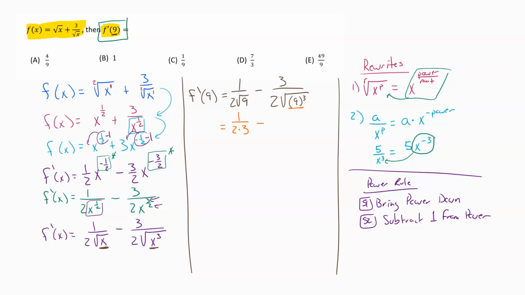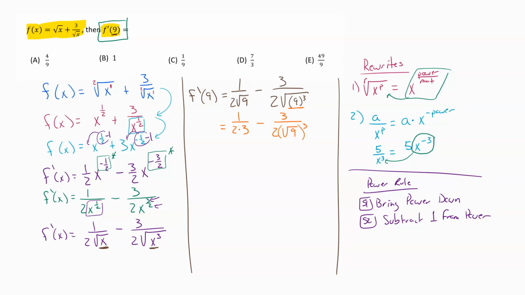The power of the root can be on the inside or the outside. So what I would be doing is I would say, okay, I've got 2 square root of 9 and then that to the third. So you can do them in whichever order you want. You can do the root first or you can do the power first. And in this situation, I think doing the root first would make our lives easier.